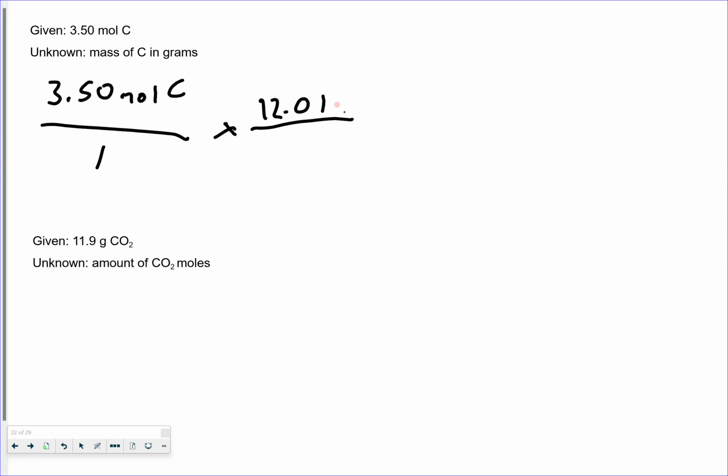For the first step, you want to set up your molar conversion. You always want to start with your given over 1. So we're going to start with 3.50 moles of carbon over 1. Then we refer back to our periodic table to find the molar mass of carbon, which is 12.01 grams per 1 mole of carbon.